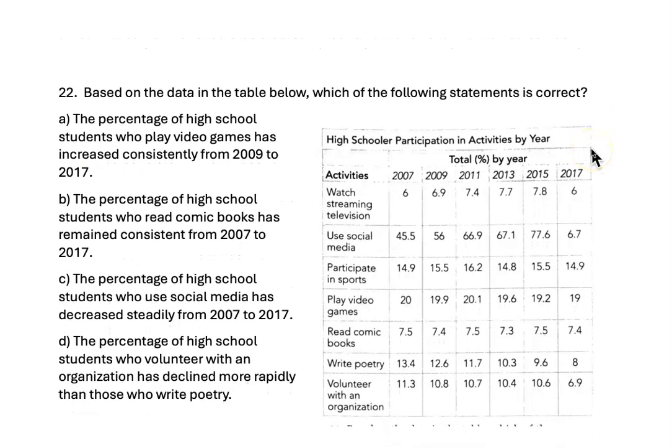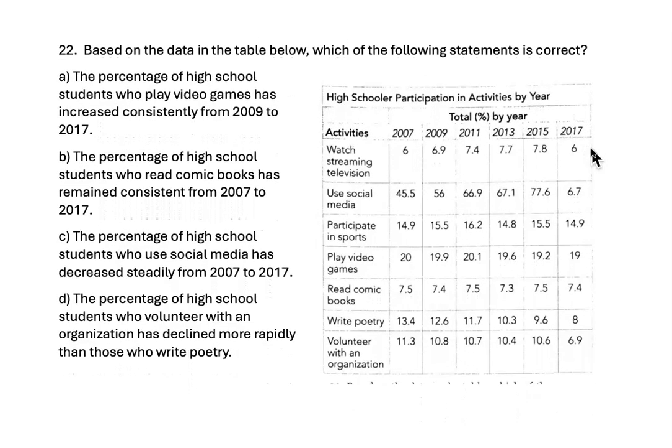In 22, we have this table and we're asked which of the following statements is correct. You're going to have to carefully read each statement to make that decision. The first one: the percentage of high school students who play video games has increased consistently from 2009 to 2017. We look down here at video games, and from 2009 to 2017, are those numbers consistently going up?